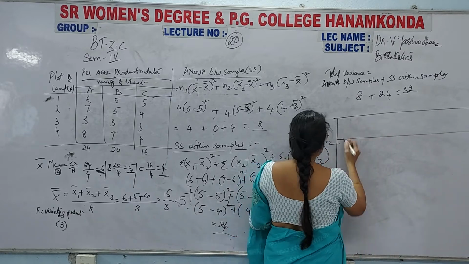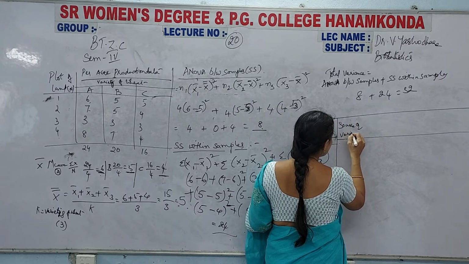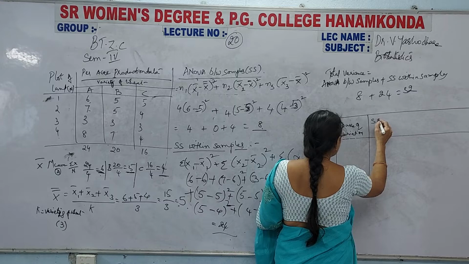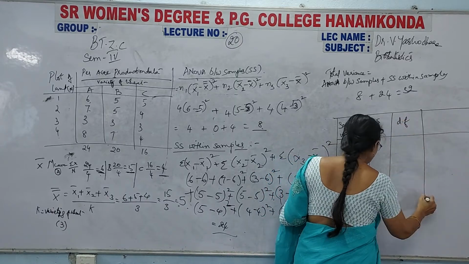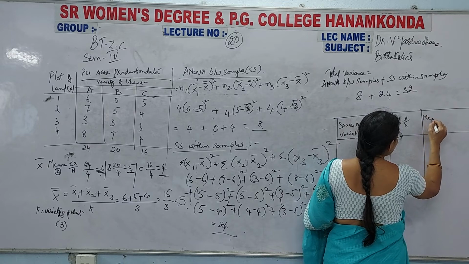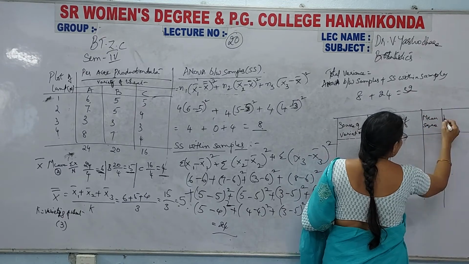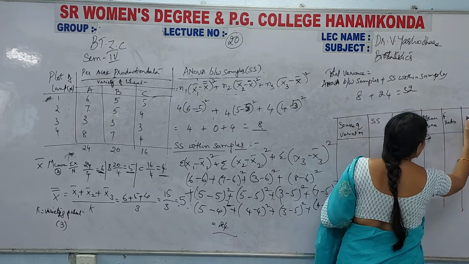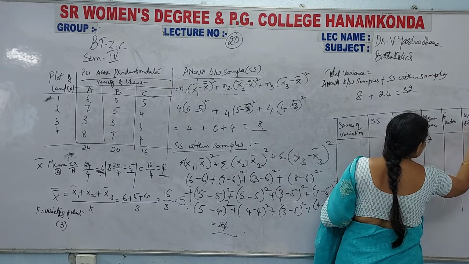See here, source of variation, SS, degrees of freedom, mean square, F ratio. Next 5% level of significance.